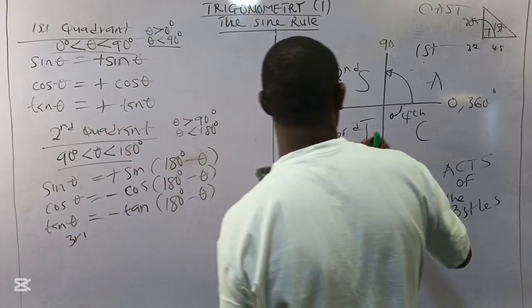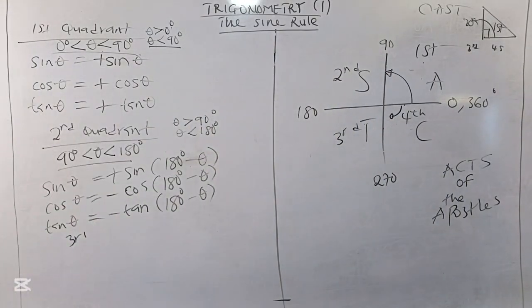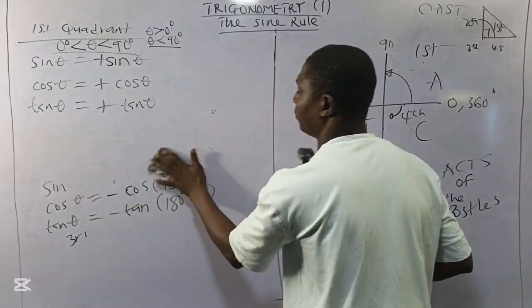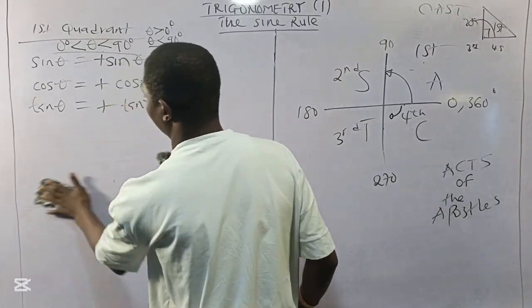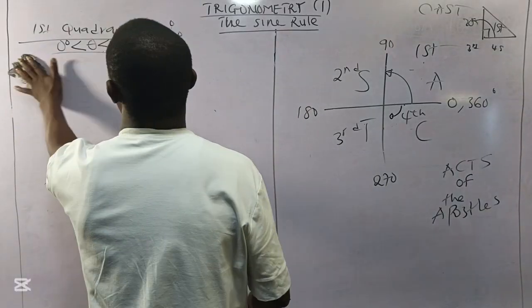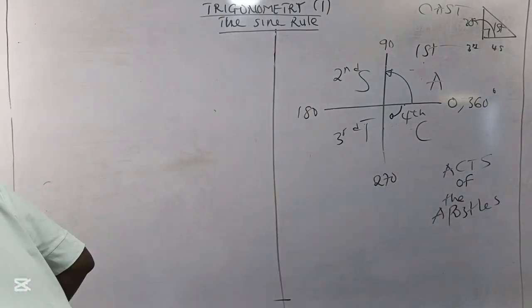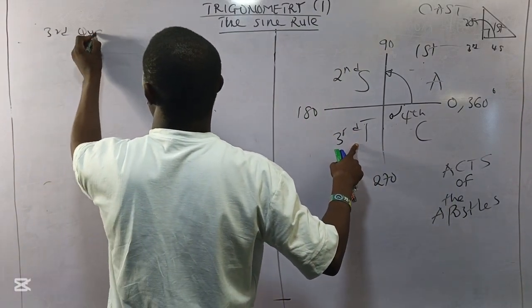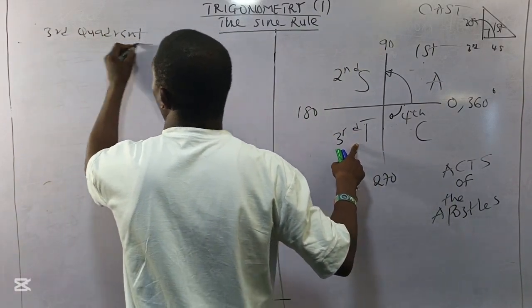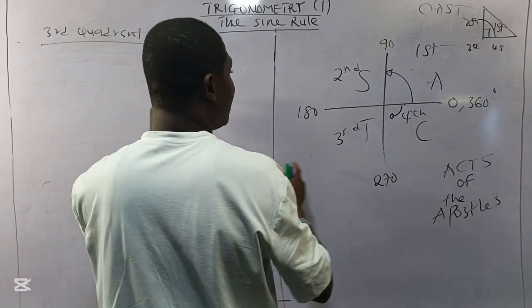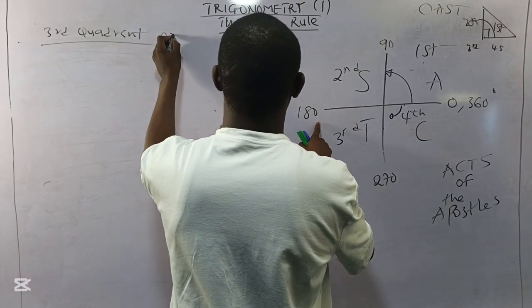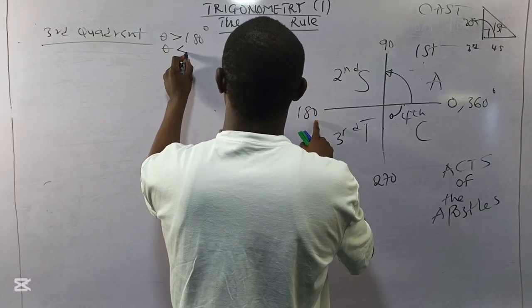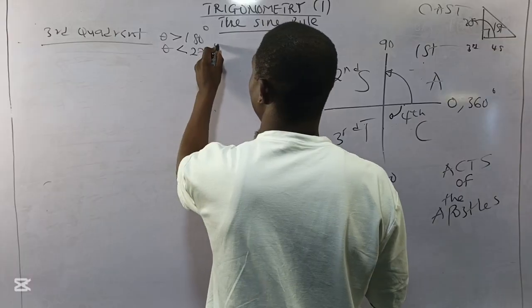Now for the third quadrant, we simply have theta greater than 180 degrees and theta less than 270 degrees.